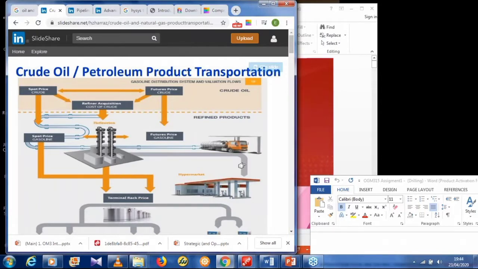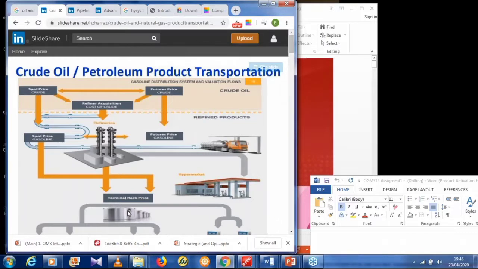For instance, practically all filling stations are usually supplied using tankers. So from storage, the storage tanks usually have vessels used in transporting to the depot.